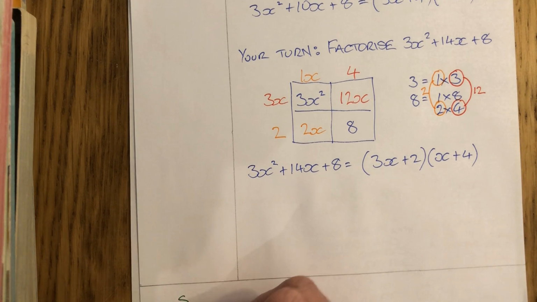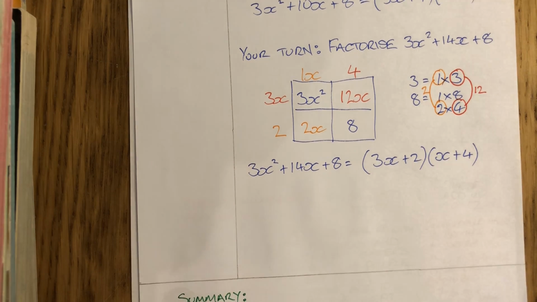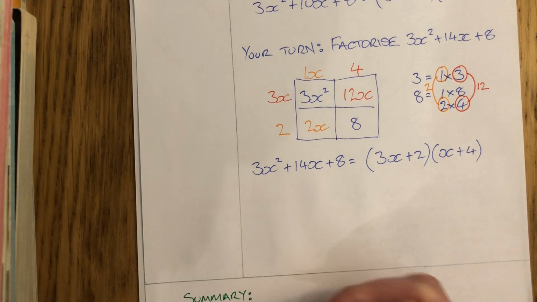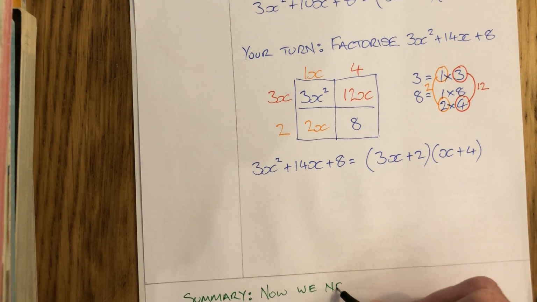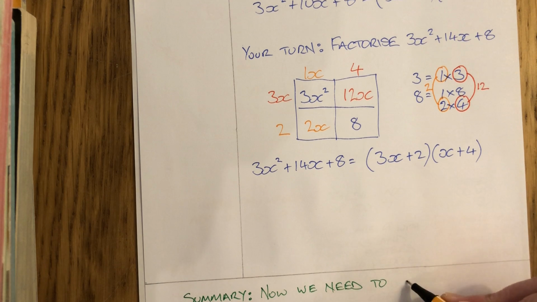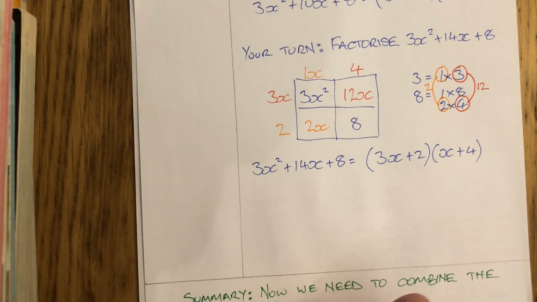So what's our summary here then? Our summary is that now we need to combine the coefficients of x with the constants, the standalone numbers.